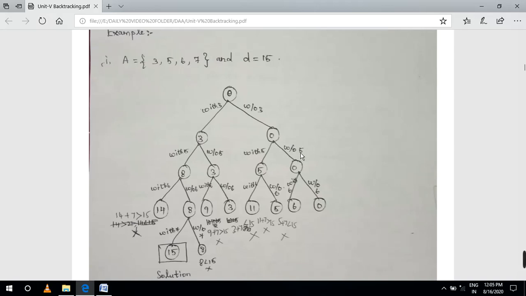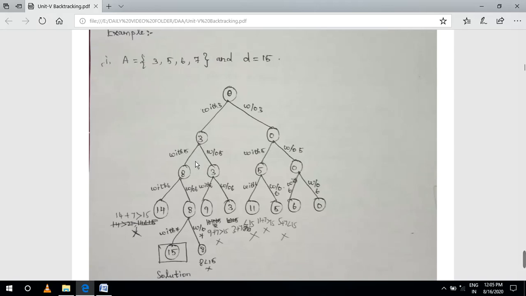With 5 you add it to the previous root, so 5 plus 0 is 5 and 5 plus 3 is 8. Without 5 you keep the same values, so 0.